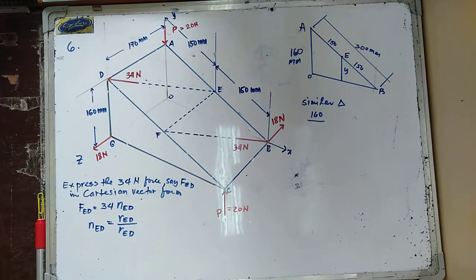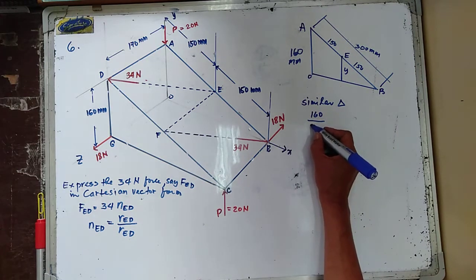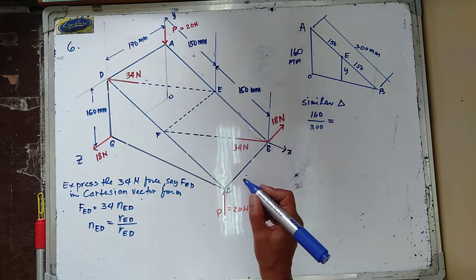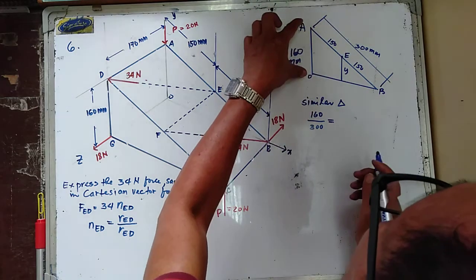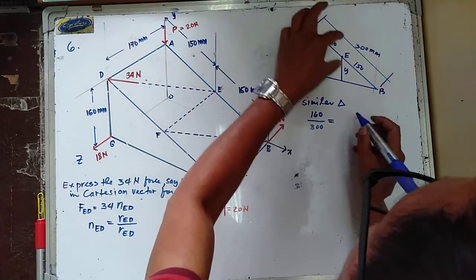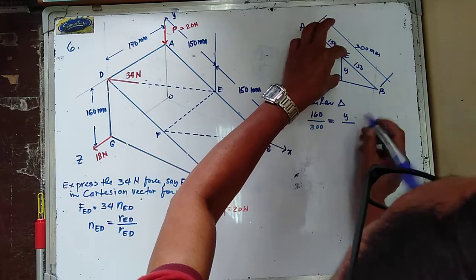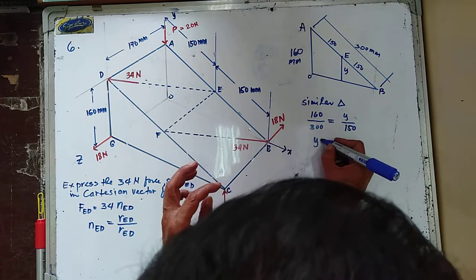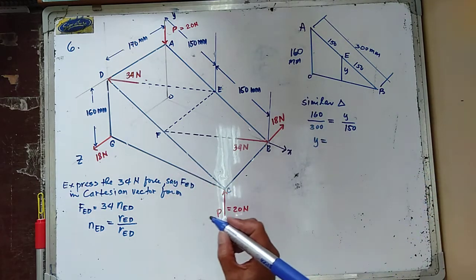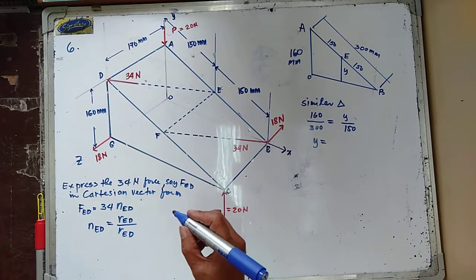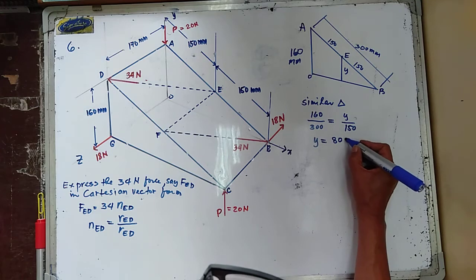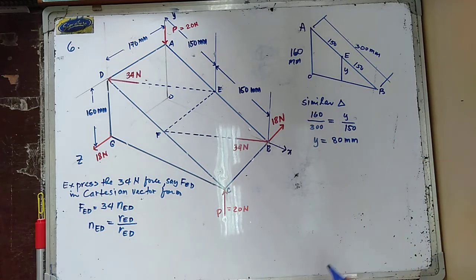So 160 mm is to 300 mm as y is to 150. Therefore, the value of y is now equal to 80 millimeter.